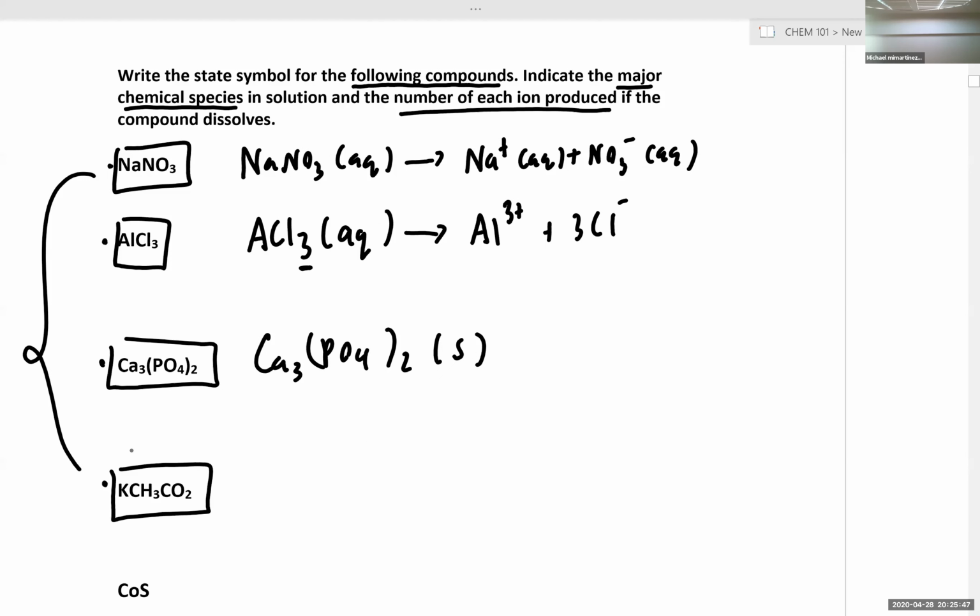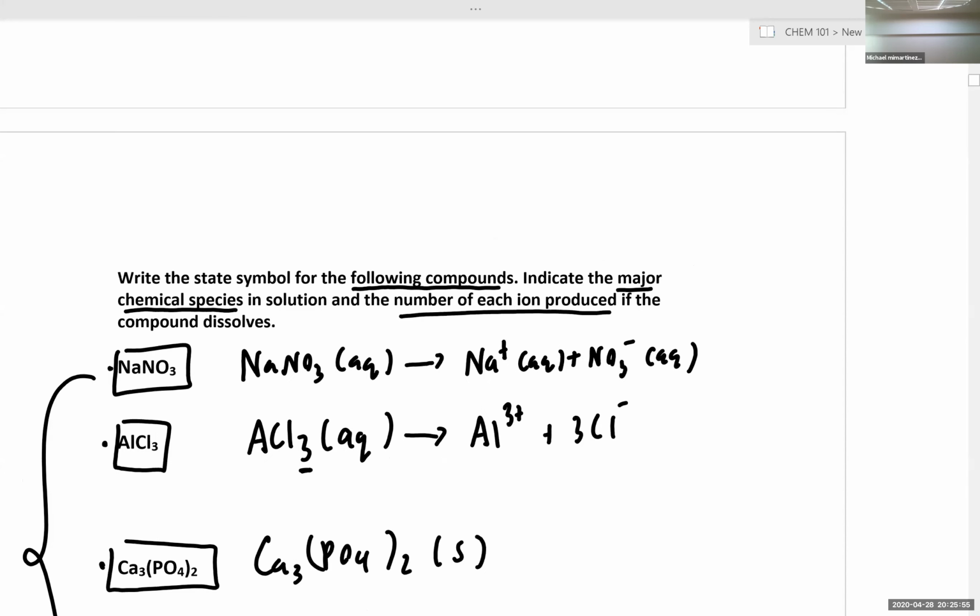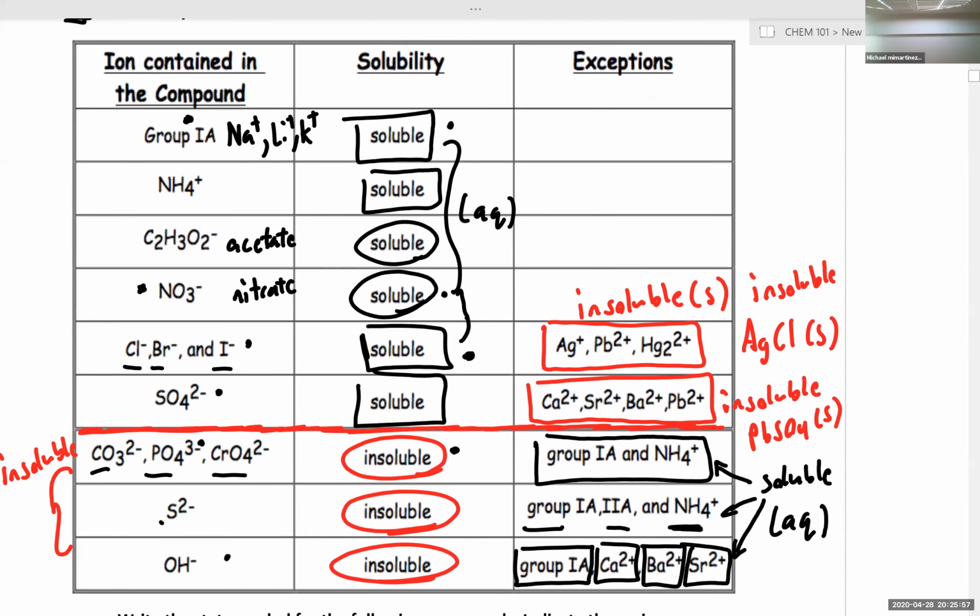Okay, potassium acetate. Let's look at our table once again. Looking for potassium or acetate, we find 2 hits. My question to you is, are acetate salts soluble or insoluble in general?